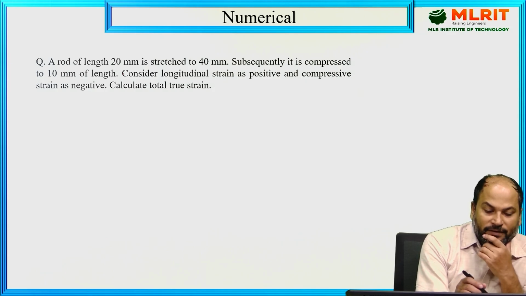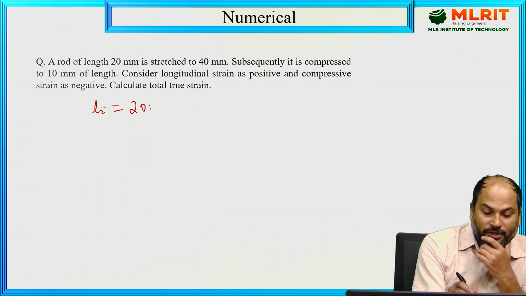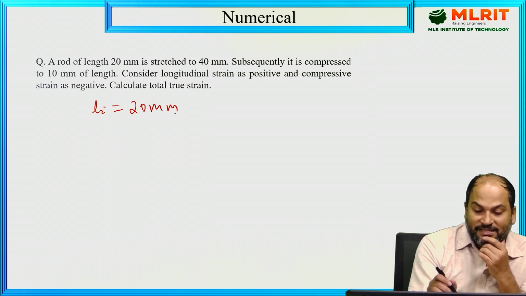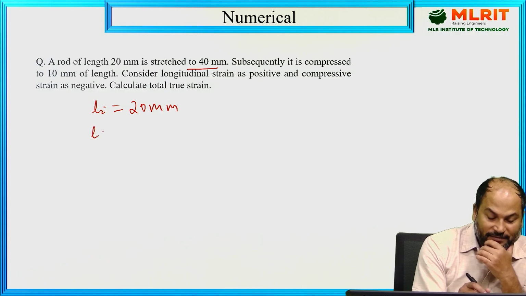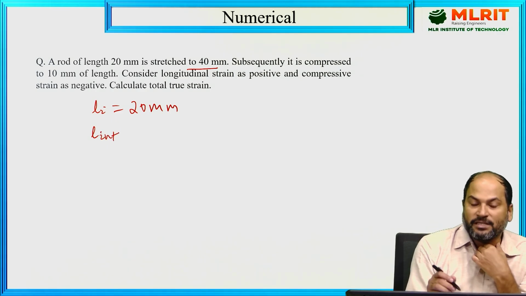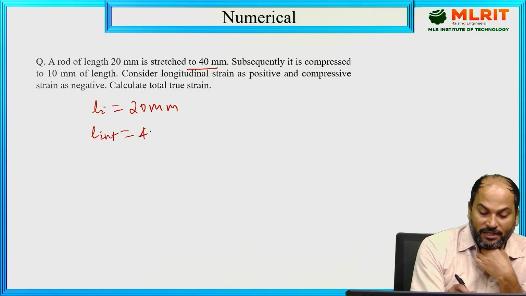A rod of initial length Li, which is given as 20 mm, is stretched to 40 mm. This is the intermediate dimension, so we are writing INT. As this is progressive, it has become 40 mm.